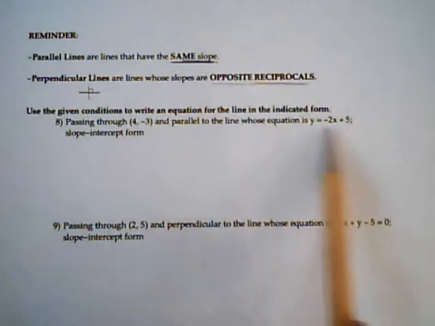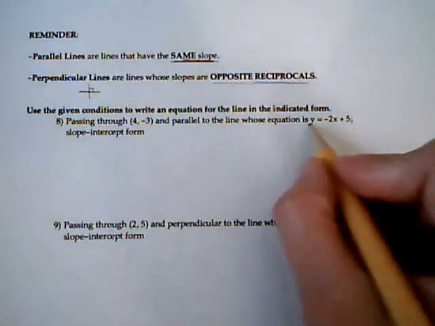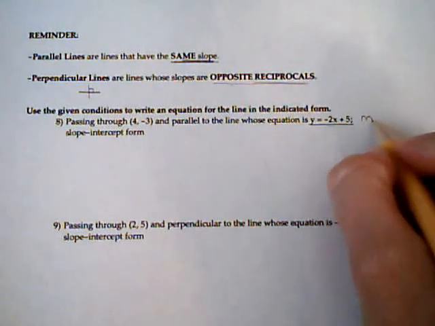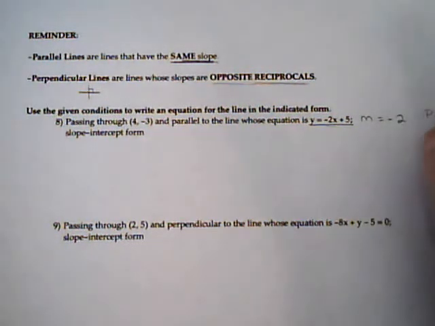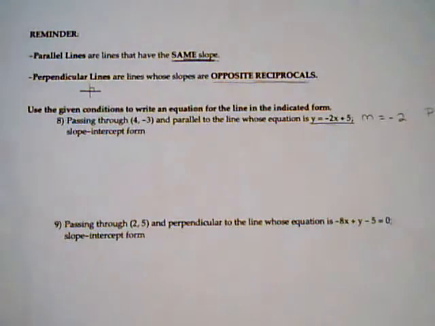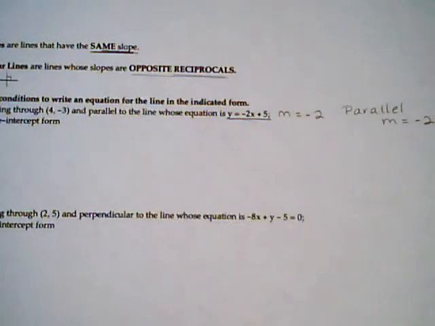Okay, so by looking at this equation, I can tell the slope of this line is -2. So the line that's parallel to this one, that slope would also be -2, because if they're parallel, then they're going to have the same slope.